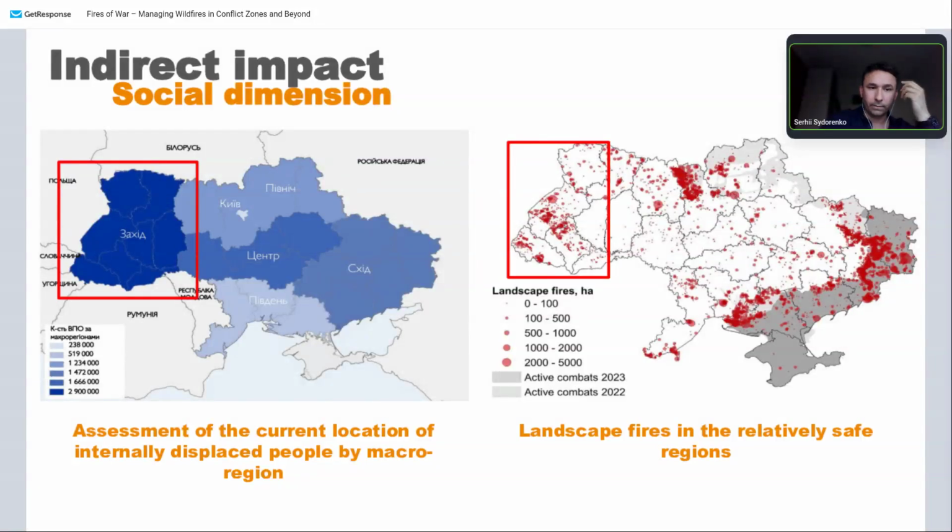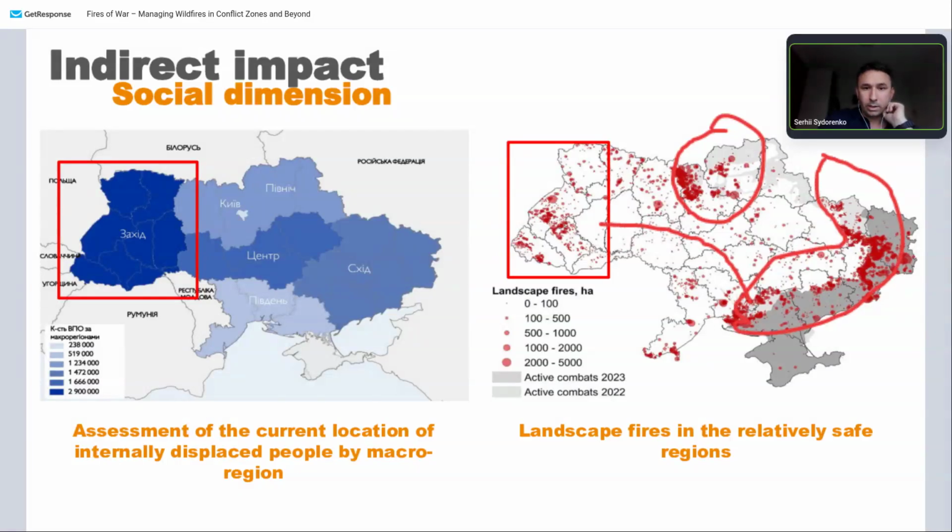We call them VPO in Ukrainian, an internally displaced population in Ukraine. In 2022, especially at the beginning of the invasion, the situation was quite chaotic because a lot of people were evacuated or escaped from those territories. And they moved, of course, to the west as the safest place in the country.